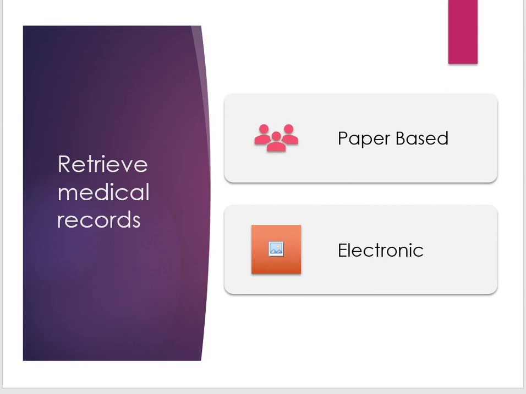So I think the first thing that's important for you to note is with all types of medical records, identification systems are actually linking the patient to their health record. And that health record today, guys, could be a paper-based health record or it can be an electronic health record.